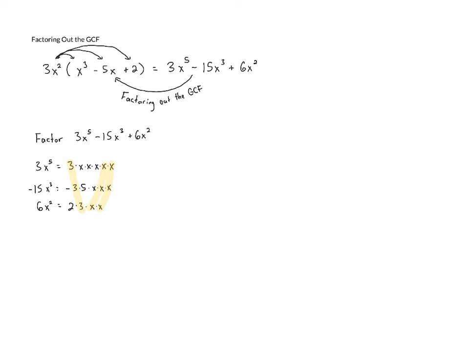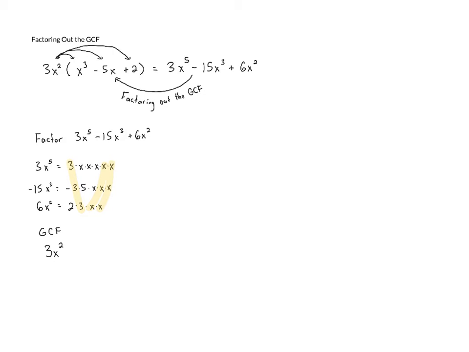What they have in common is called the greatest common factor: a 3 and 2 factors of x. So 3 times x times x is 3x squared.